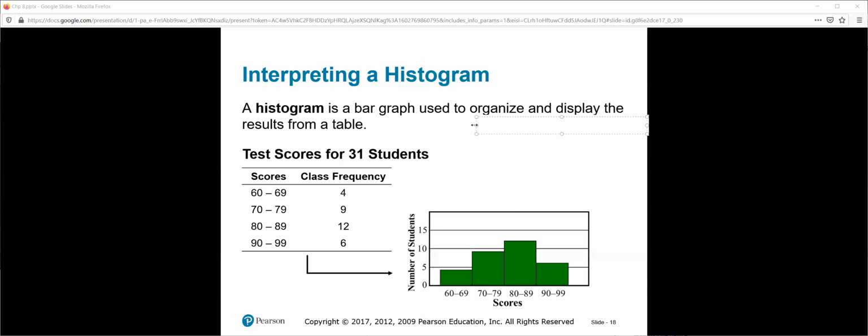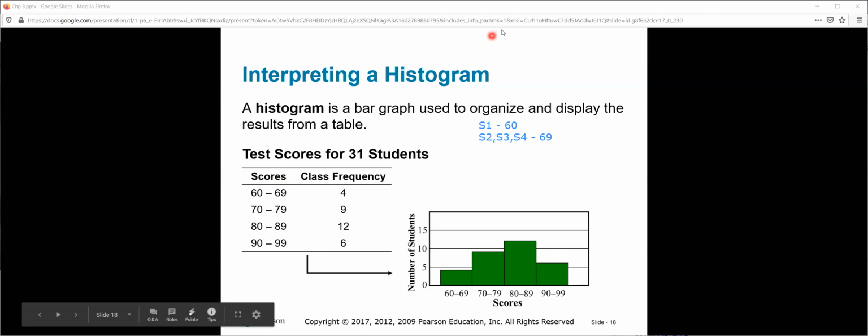This could have been student 1 got a 60, then students 2, 3, 4 all got 69s. That could have been the grading for these scores, meaning 3 of the students got very close to a C, and only 1 student did low D, really bad. But they're all going to be grouped together, because what you care about is the D, C, B, A grading.